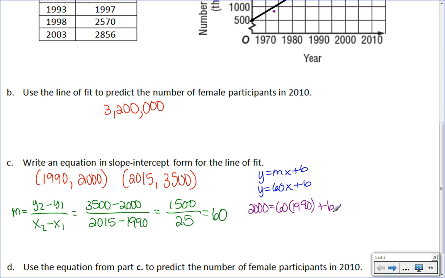Alright, I'm going to solve this for b. So let's multiply these two. 60 times 1990, 119400. And then to solve this for b, we want to get rid of this number here, so we will subtract that.